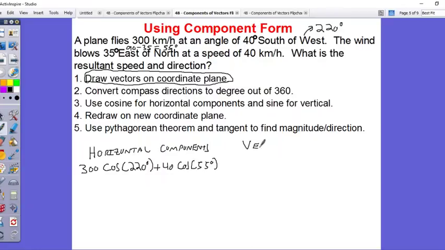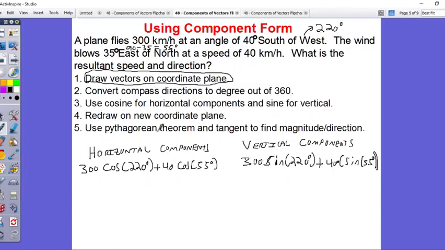The vertical components would be 300 times the sine of 220 plus 40 times the sine of 55. So we just need to add these up.